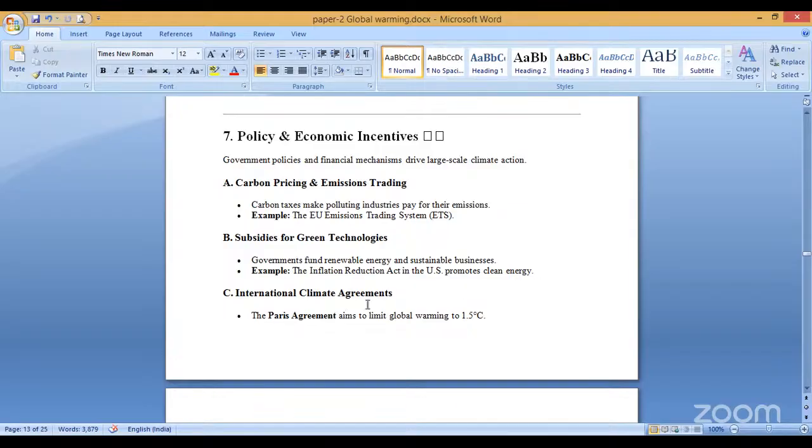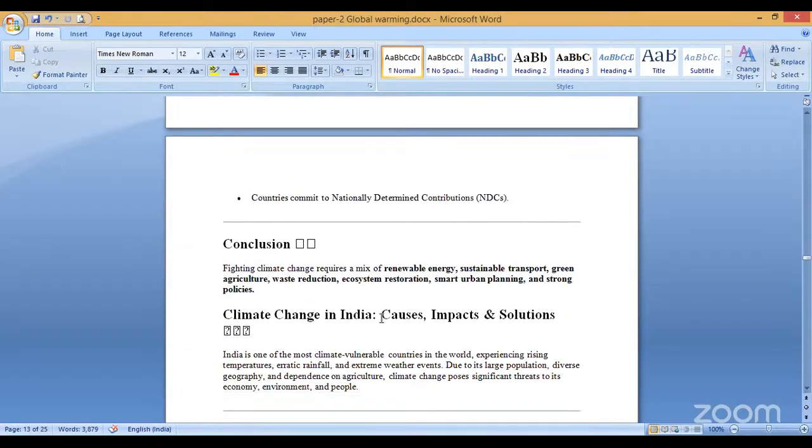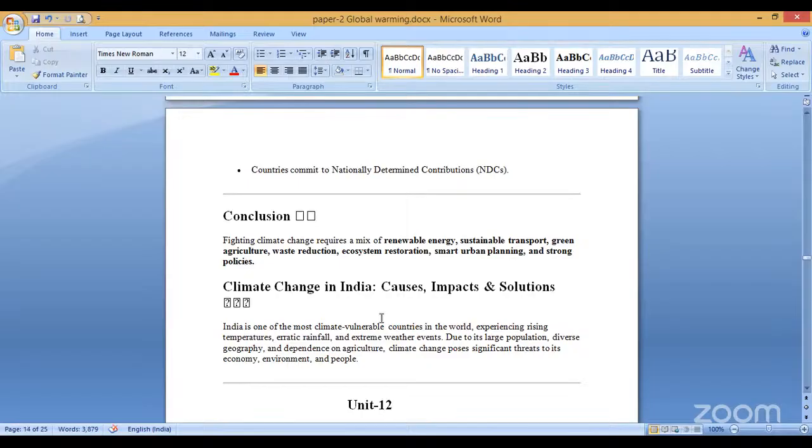The international climate agreements: the Paris Agreement aims to limit global warming to 1.5 degrees centigrade, and countries committed to Nationally Determined Contributions, or NDCs. What do NDCs mean? Nationally Determined Contributions.